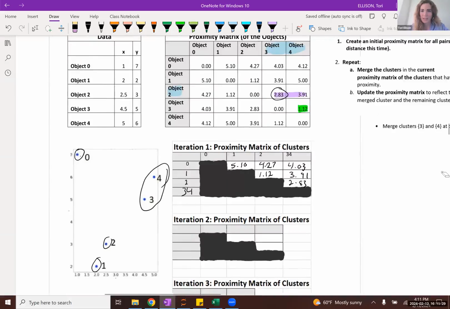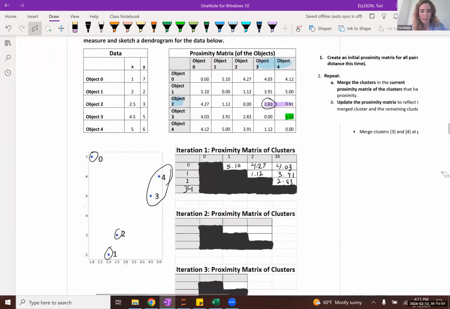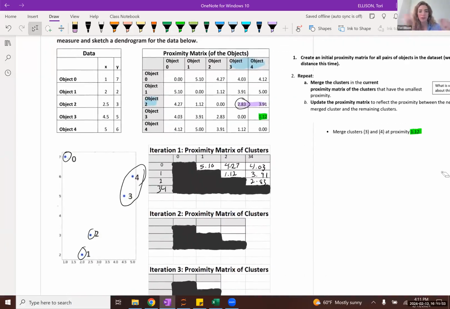Okay, so basically that concludes our first iteration of the algorithm in which we have merged two clusters together, and we have updated the corresponding proximity matrix of clusters. Okay, questions on that? Okay, so we move on to the next iteration of the algorithm where we use this new proximity matrix of clusters to choose to merge the two closest clusters together. So in this step, what two clusters are going to merge?